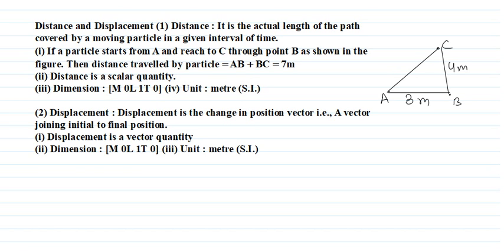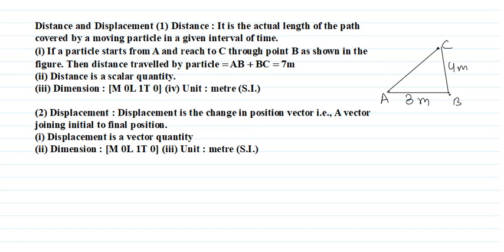So here the distance traveled by any object or person from A to B to C is the total length of the path.